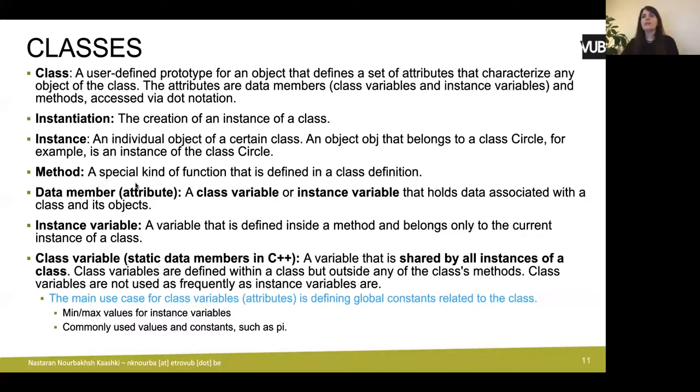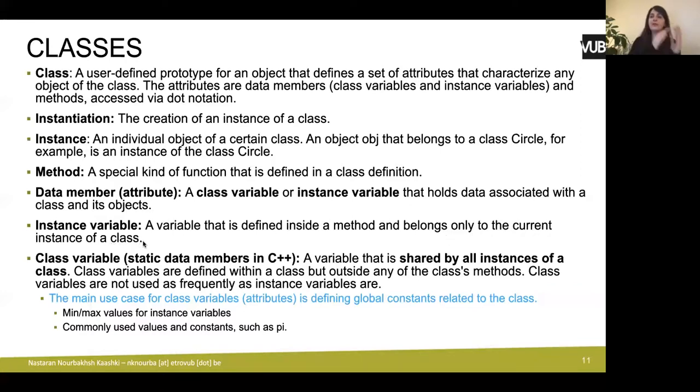A method is a special kind of function that is defined in a class definition. A data member or an attribute is a class variable or instance variable that holds data associated with a class and its object. An instance variable is a variable that is defined inside a method and belongs only to the current instance of the class.